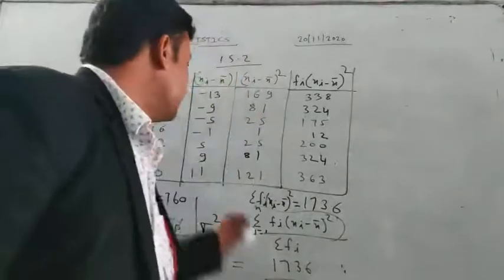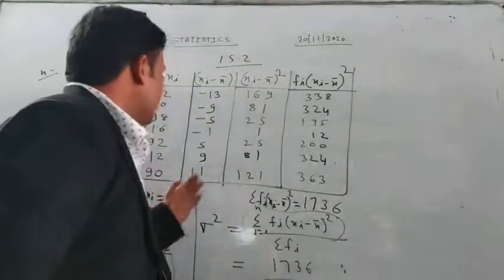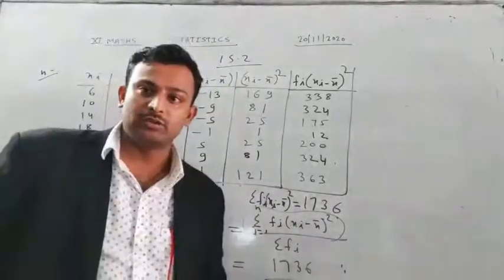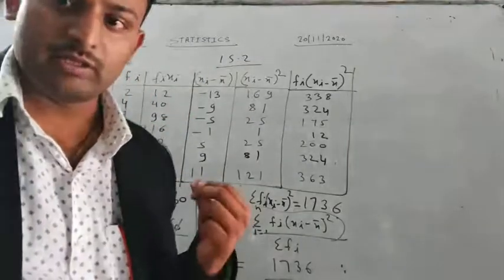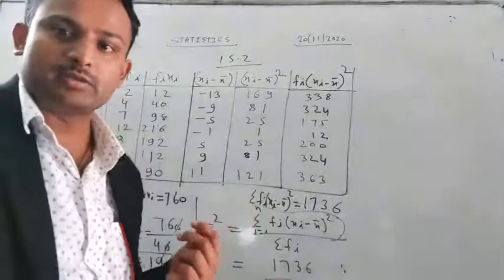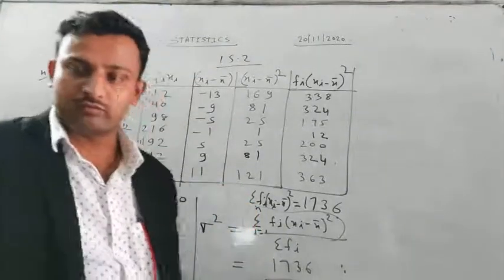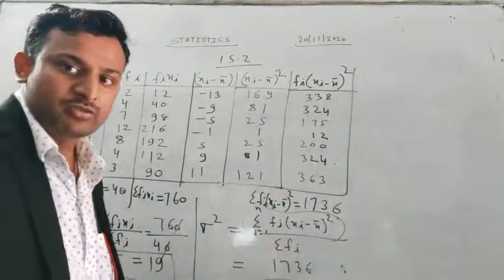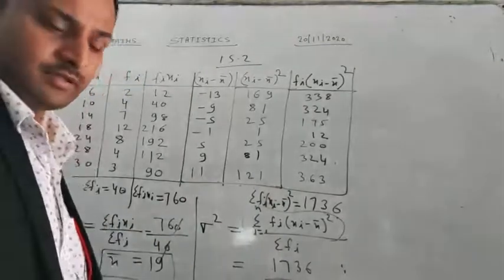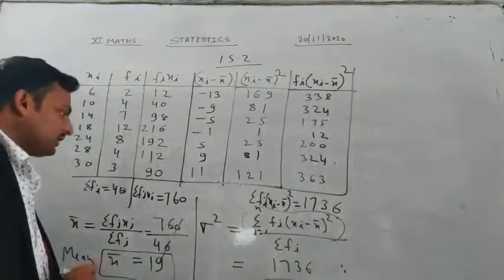We can use the direct method, by the formula, or we can use the shortcut method, which we used in the previous question. We can also solve this question by the shortcut method. So we can use any method, whichever is convenient for us.